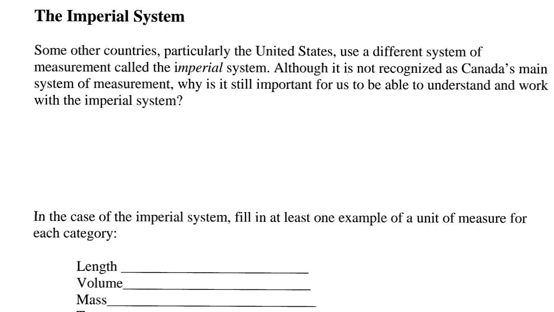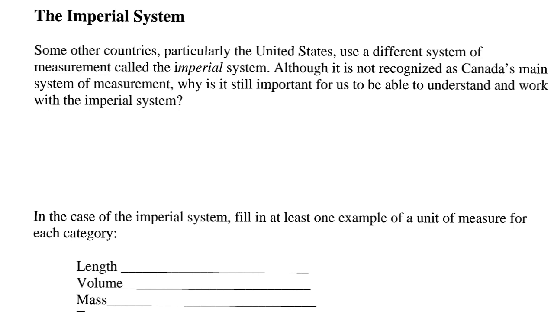And now, since they've standardized the imperial system over time, yes, people use it, but not as many people use it, because when they came out with the metric system, it spread like wildfire. But still, the United States chooses to use the imperial system.